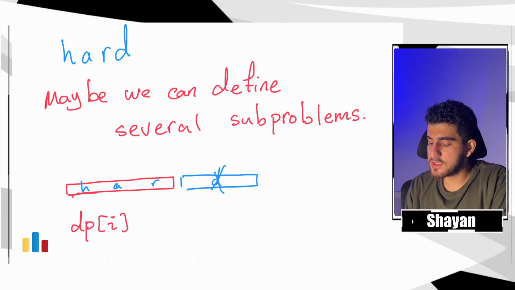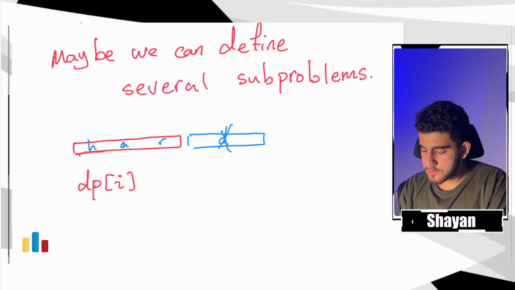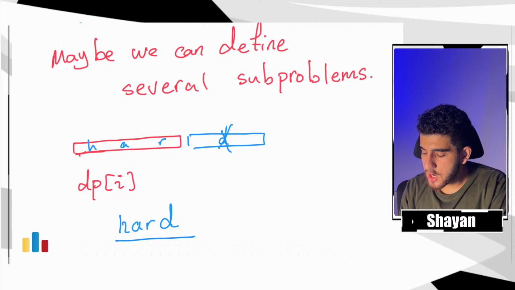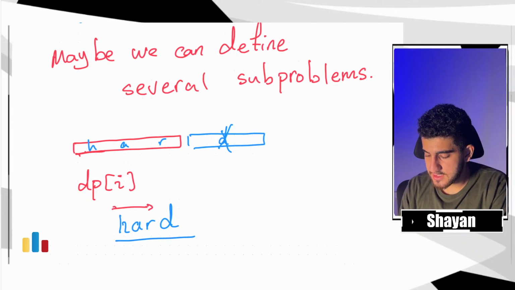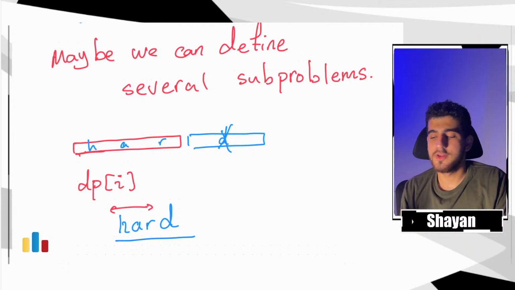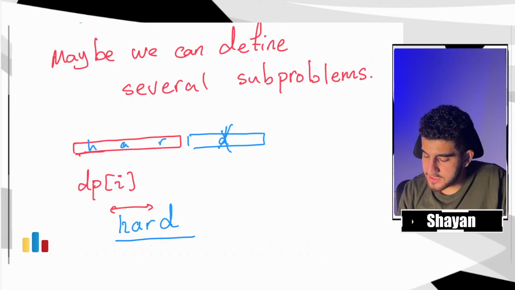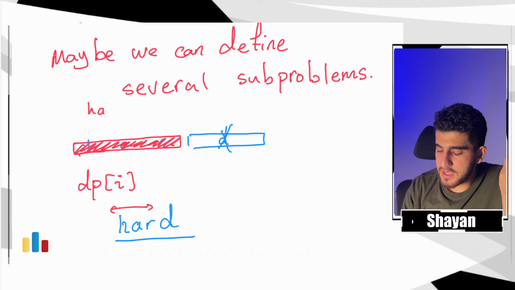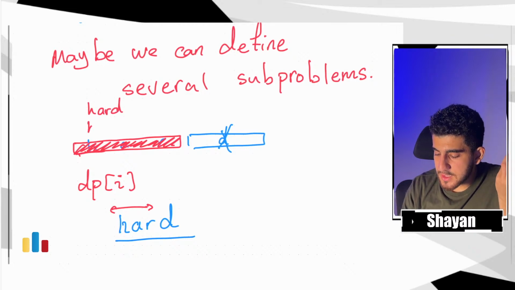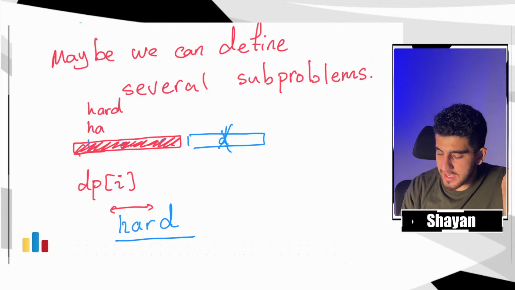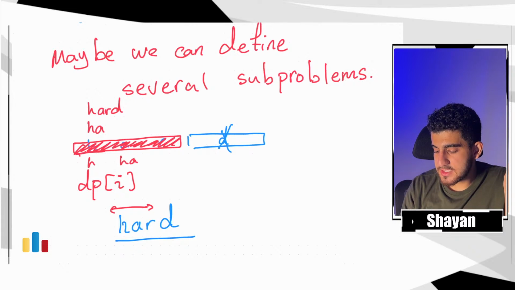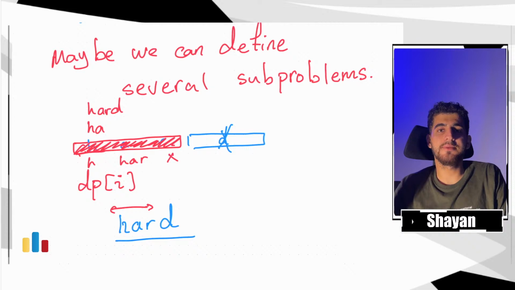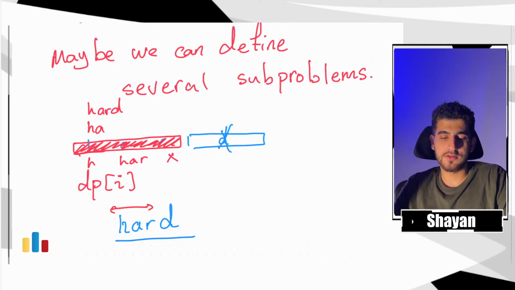If we want to stop hard from being constructed, we need to know how much of it is made so far. In this interval, the only question is not if hard is made or not. Even if HA is formed, or H is formed, or HAR is formed, or nothing is formed, they are all different, and maybe you need to consider them all.